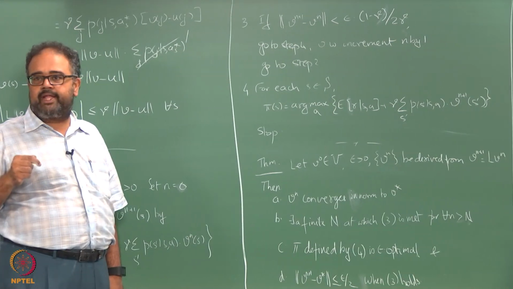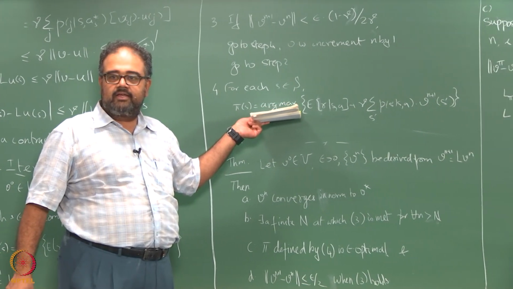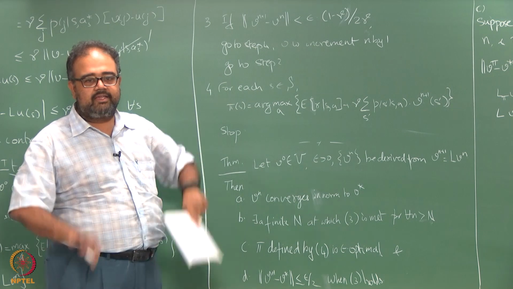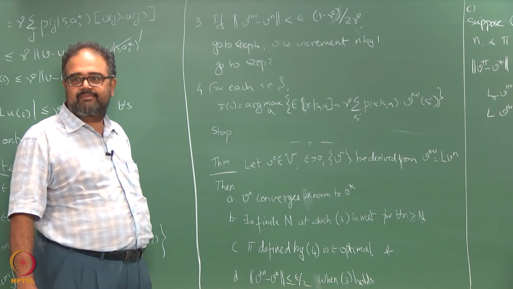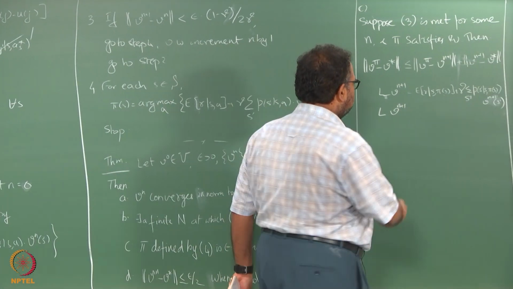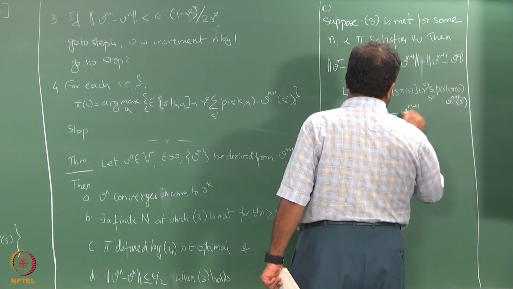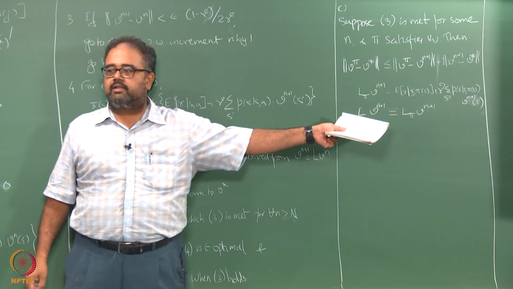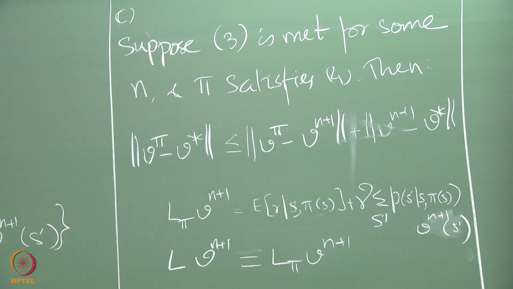Because I chose my pi to be the max action here, whether I apply L pi on Vn plus 1 or whether I apply L on Vn plus 1, it is the same. So the two are equal. Okay, so that makes it easier.